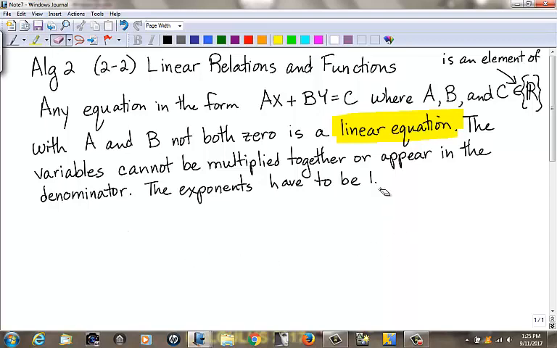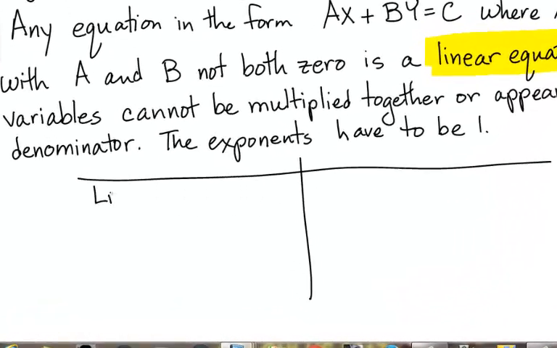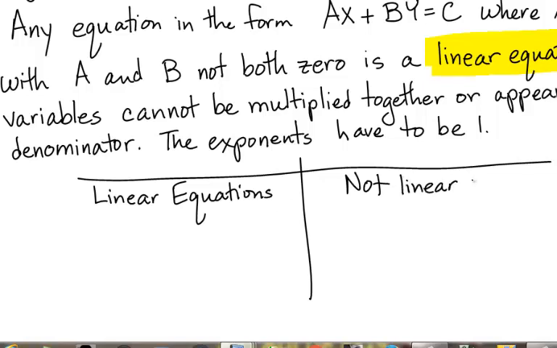I'm going to go through some examples of those that are linear equations and those that are not. On this side, put linear equations, and these are not linear. You can just use EQ for equations.